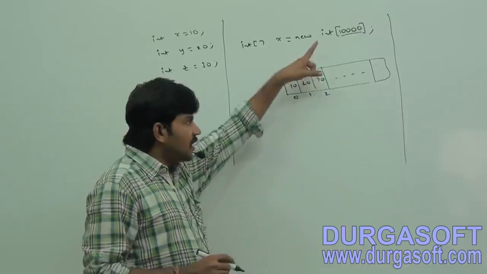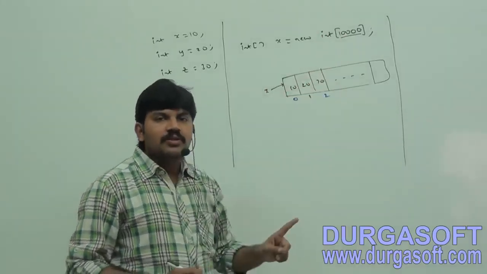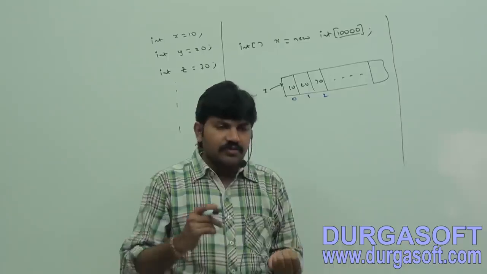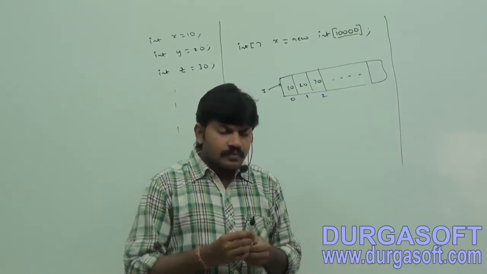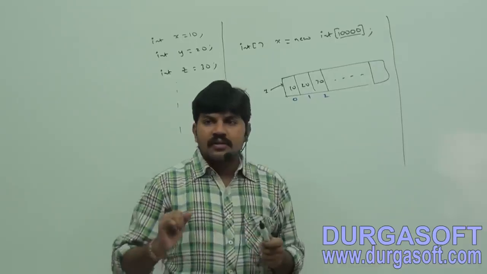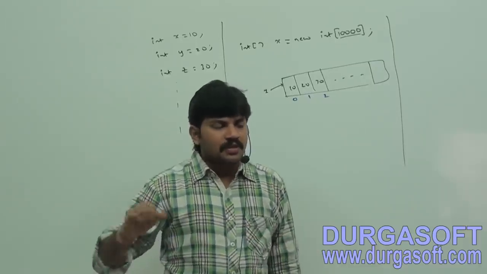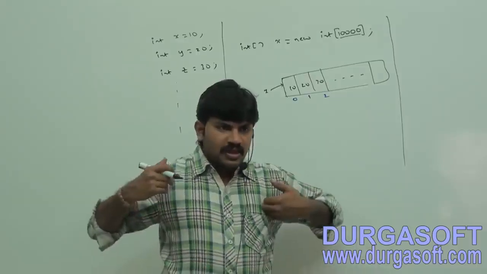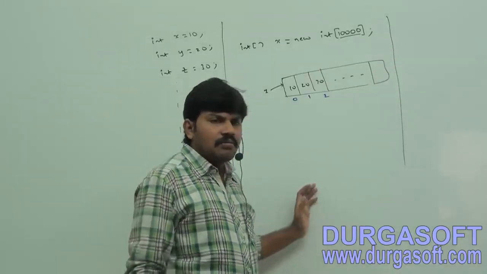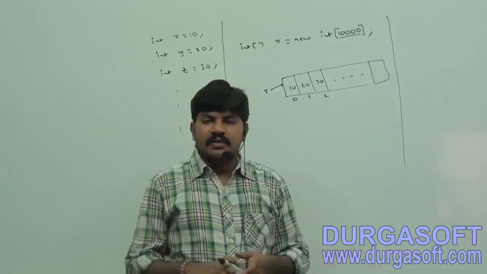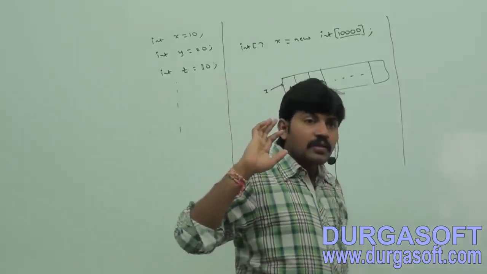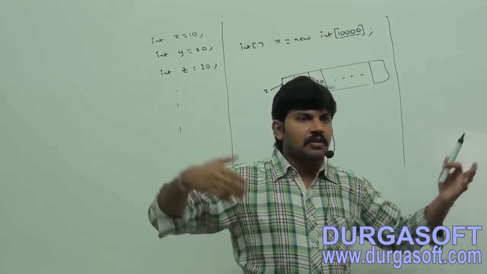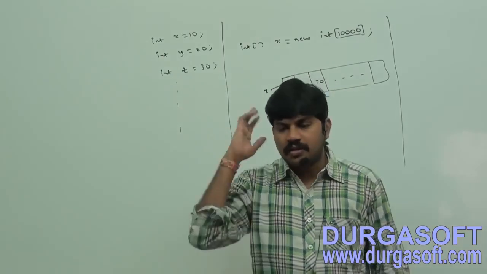Once we create an array with some size, there is no chance of increasing or decreasing the size based on our requirement, right? Best example: suppose I thought this SCJP movie is a big hit, so we arranged 10,000 chairs in a big hall, 2 or 3 projectors, big screens, and announced the batch.